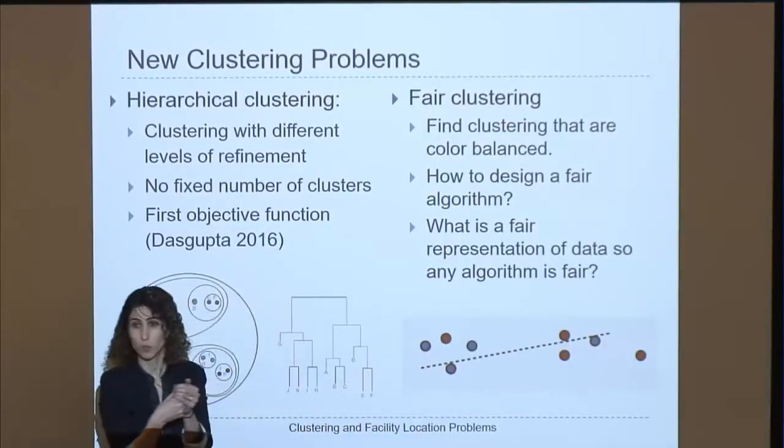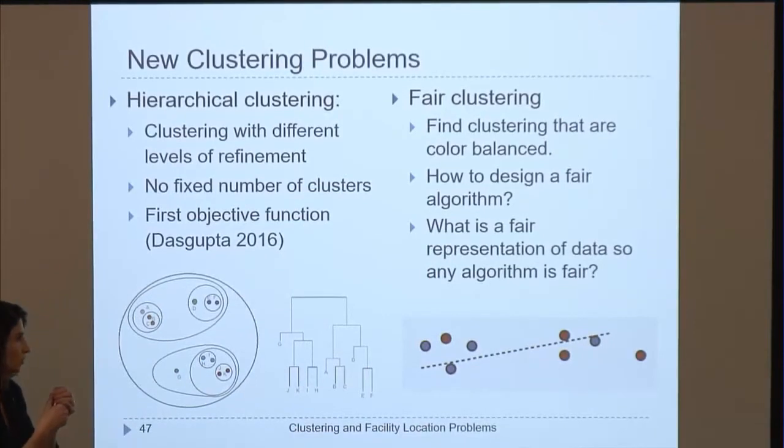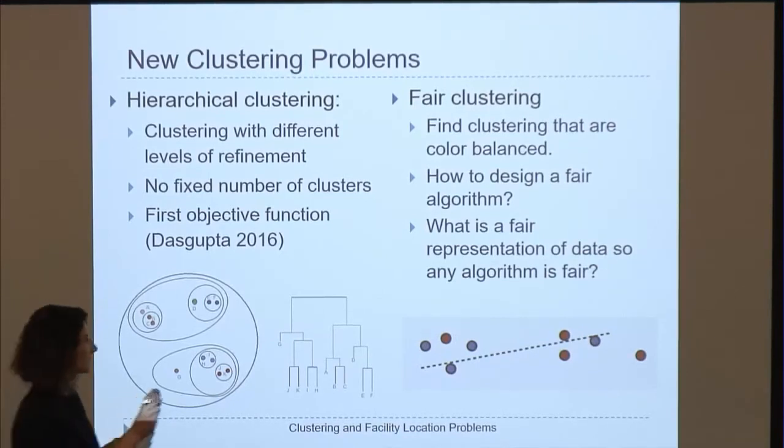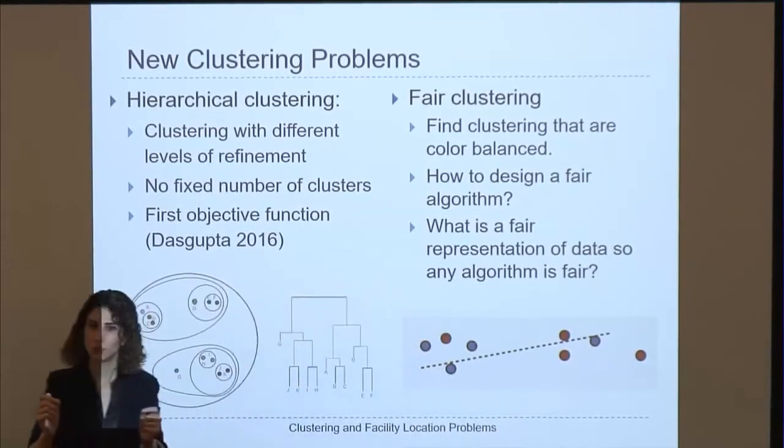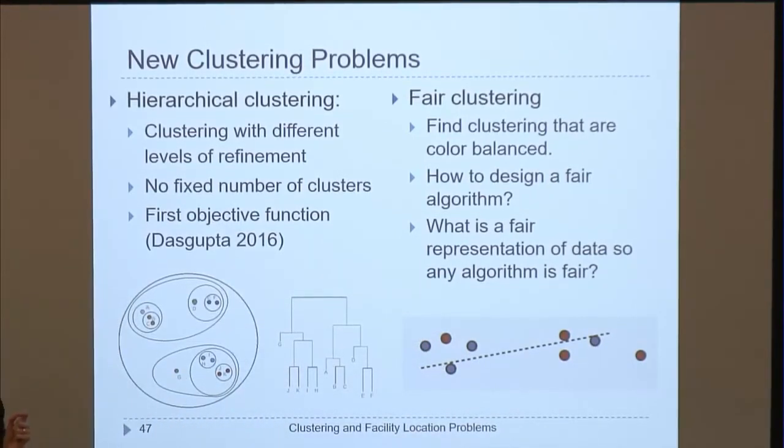Instead of just telling the algorithm what your points are, you first find a matching between red and blue points. Say you match this point to this point, and so on. Then for each matching you give one point to the algorithm and ask it to cluster that. Because each point is basically embedding one red and one blue, any algorithm you use will give a color balanced clustering.